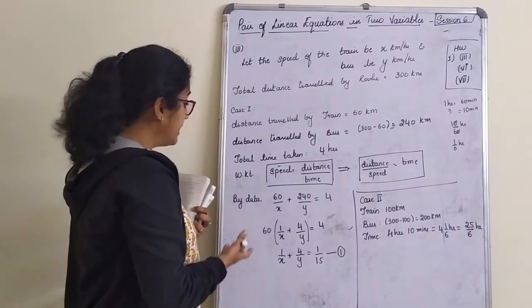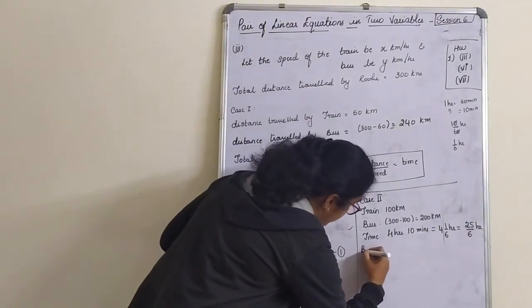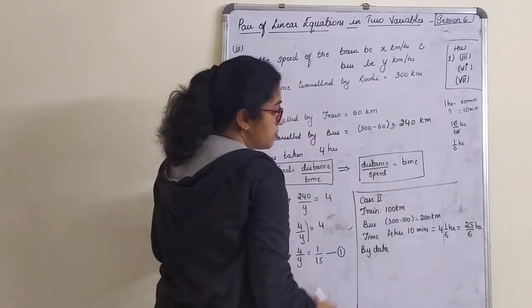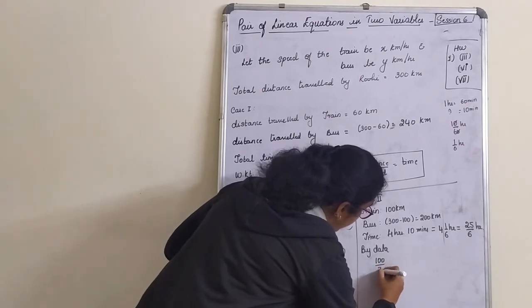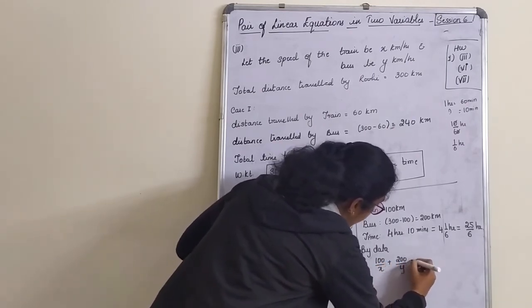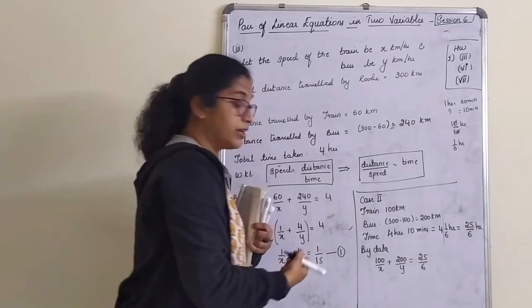By data, we will write a complete statement. Same distance by speed: 100 upon x plus 200 upon y is equal to 25 by 6. Now what can I take common?